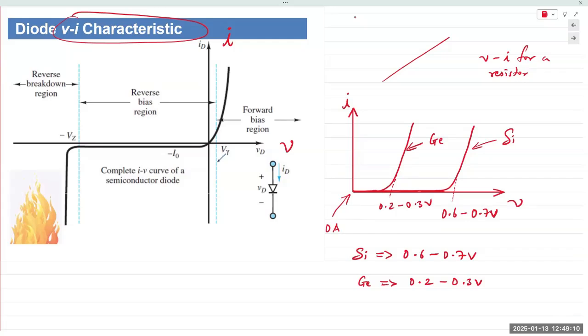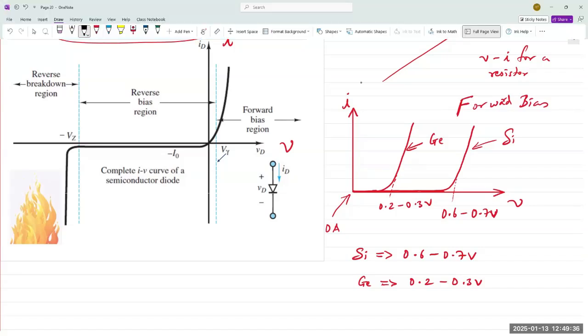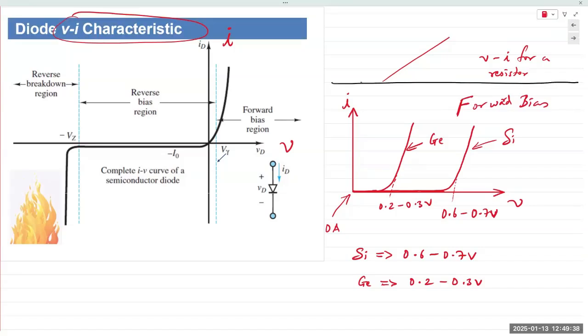It is primarily based on the material that we are using to create our diodes. And so this is the forward bias region. Positive voltage being applied to the diode, you obtain a positive current.